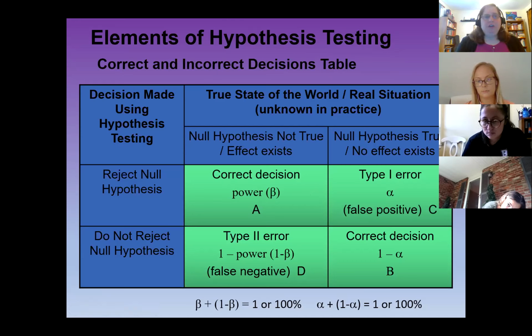If, on the other hand, I do not reject my null and there was a real effect that exists, I missed it. There was a real difference, but I didn't see it. I didn't see it in my data. Who knows why, but I didn't see it. That's called a type 2 error, and it's 1 minus power.